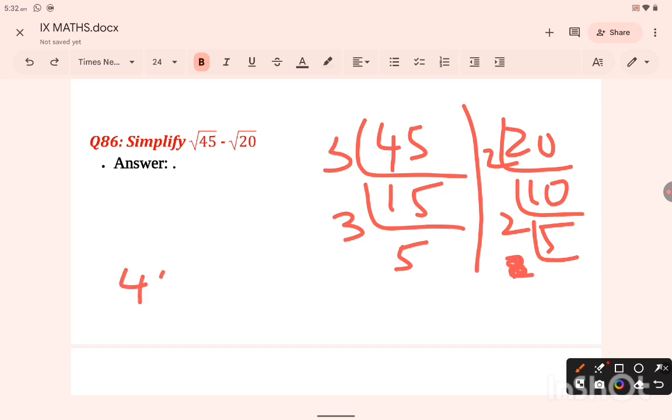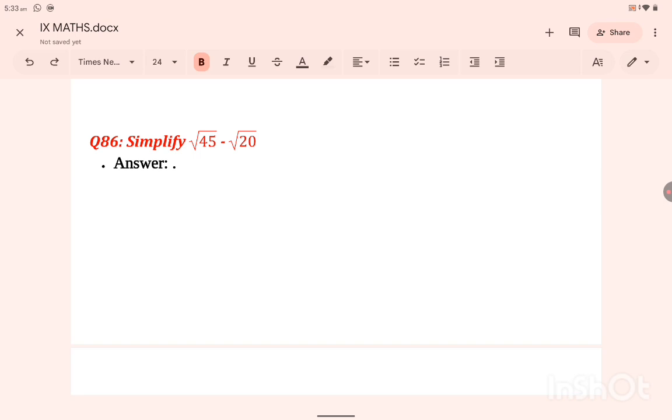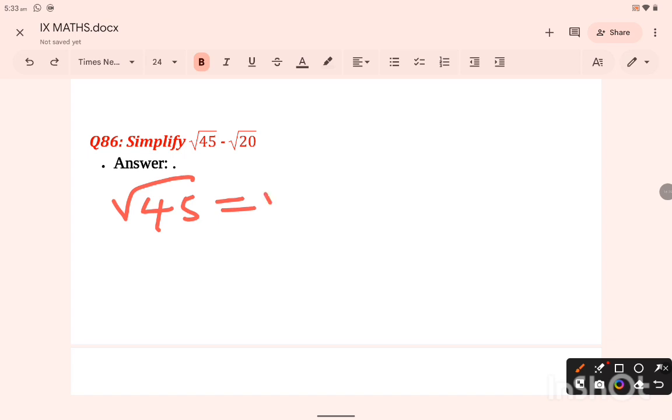Root 45 can be written as root 3 into 3 into 5.